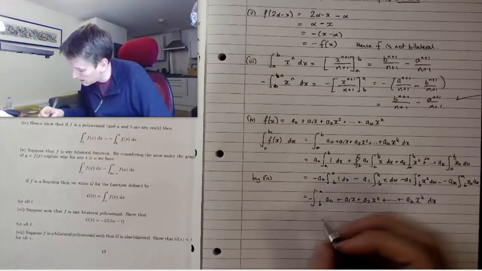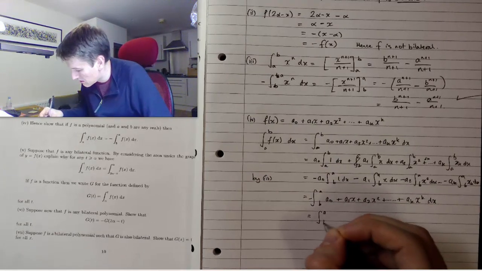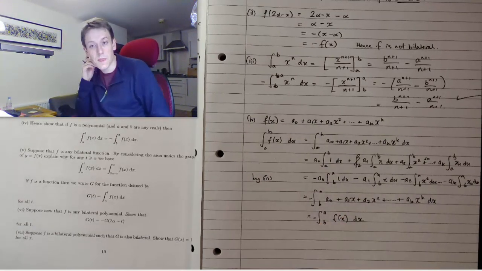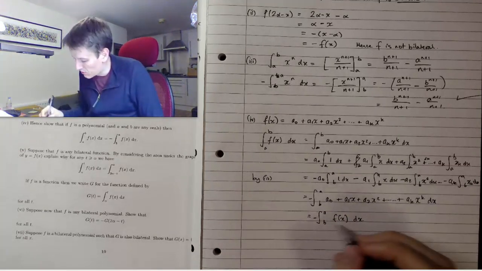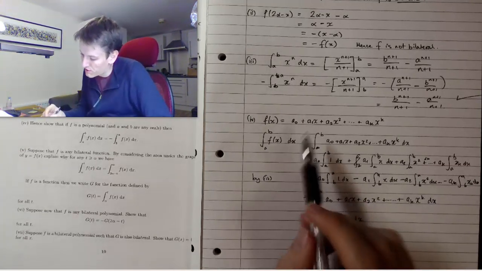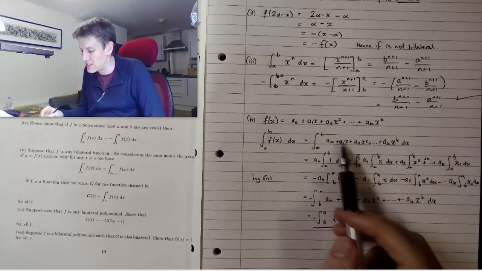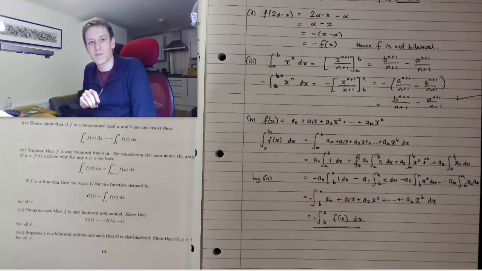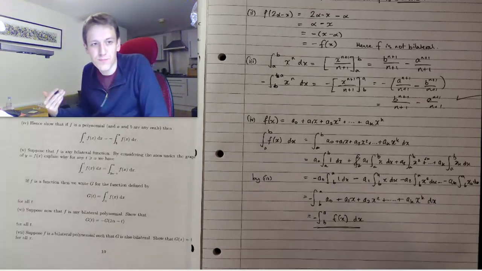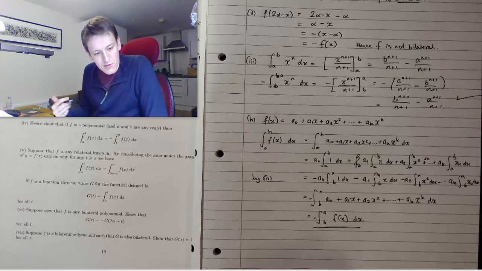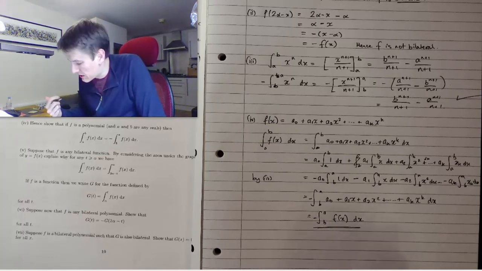And this thing I've got in here now is just the polynomial f of x that we started with. So we've proved that if this result is true individually for each of the terms in the polynomial, then it's also true overall for the full polynomial. And so it's really a question of just writing this out carefully.